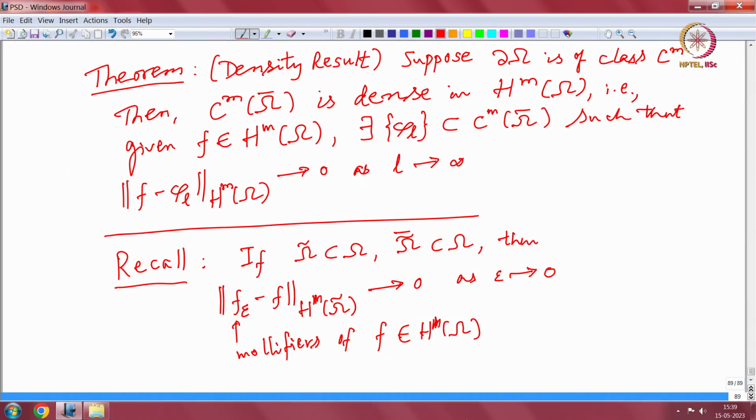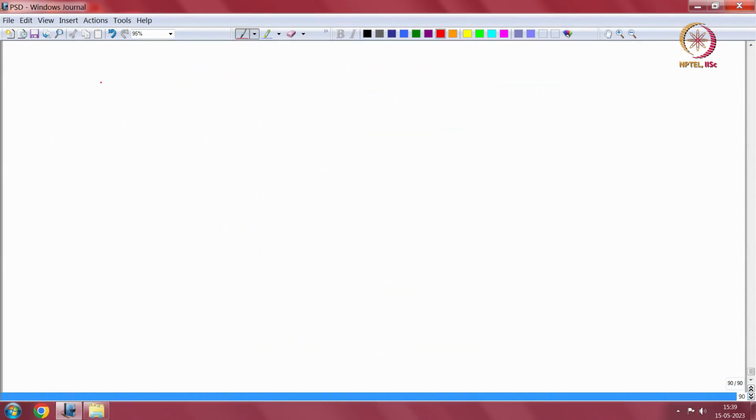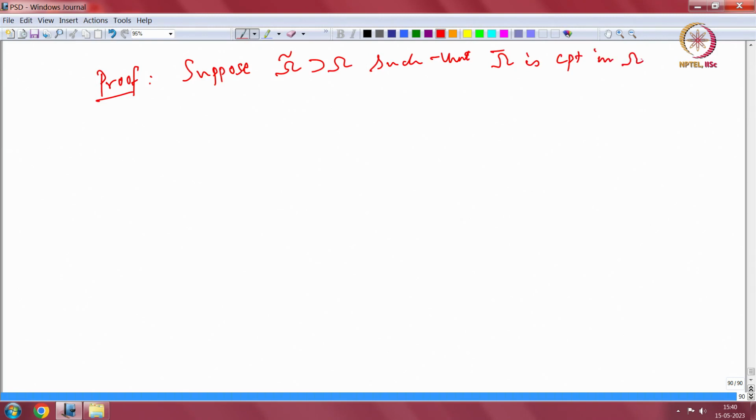Now a quick proof, since we have already developed all the tools. Suppose Ω tilde contains Ω such that Ω bar is compact in Ω tilde.